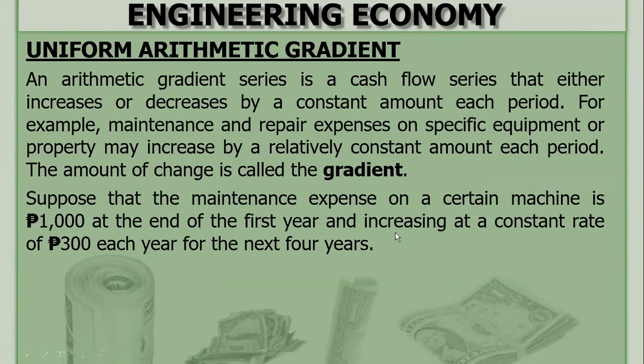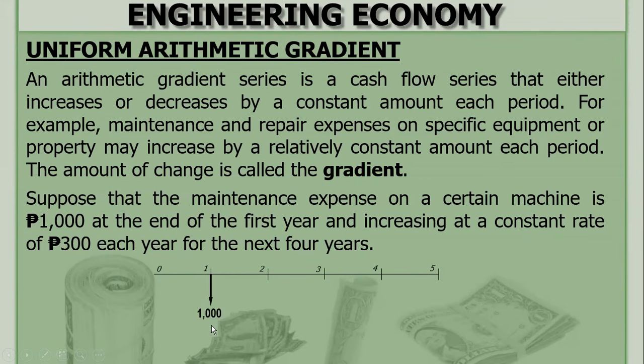So, for example, suppose that the maintenance expense on a certain machine is 1,000 pesos at the end of the first year and increasing at a constant rate of 300 pesos each year for the next 4 years. So if you are going to plot this on the cash flow diagram, it is 1,000 at the end of the first year, and then it increases by 300 for the next 4 years.